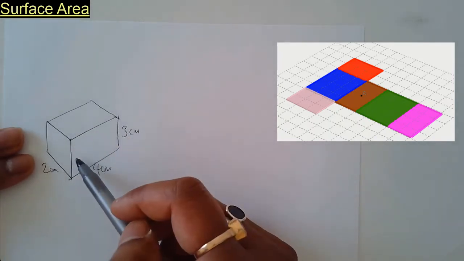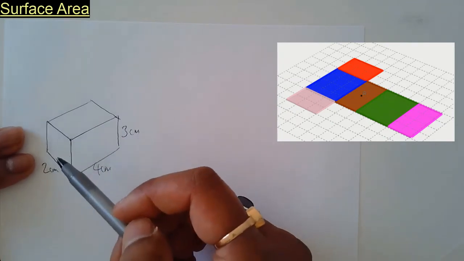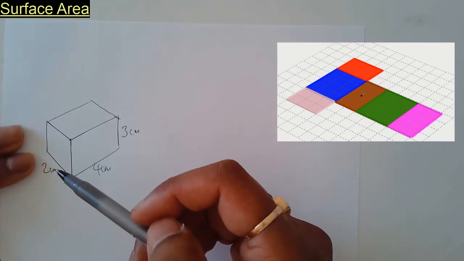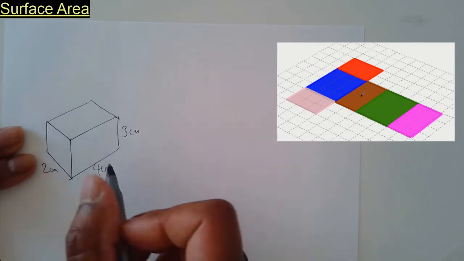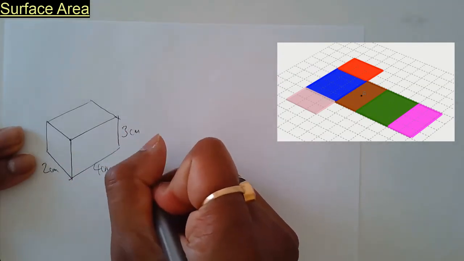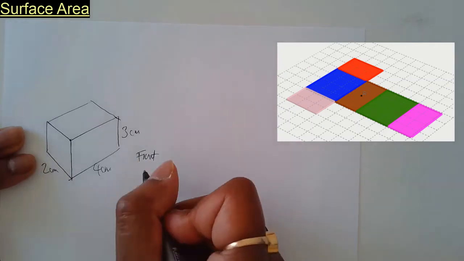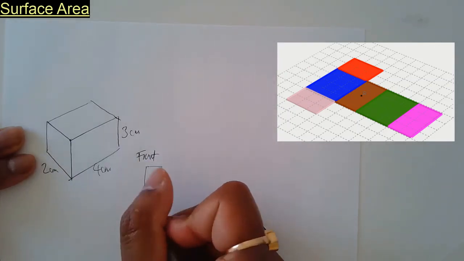I'll start off with the front face. In your animation, that's the light pink one, which you can see it's got 6 squares there, 6 centimeters squared. Front is a rectangle. That there is 2. Well, what's that then?